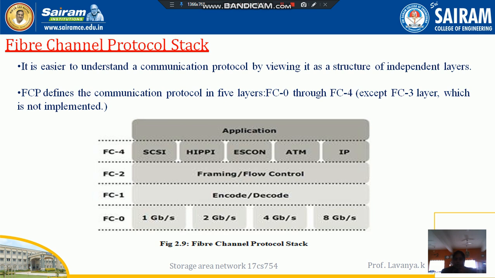Then what is the FC1 layer? The FC1 layer is a transmission layer protocol. This layer defines the transmission protocol that includes serial encoding and decoding rules, as well as the special characters used.